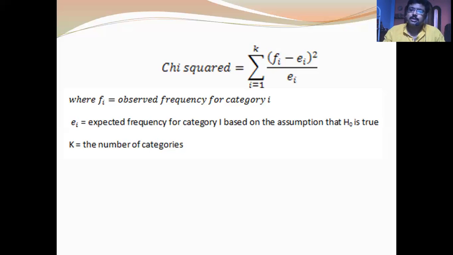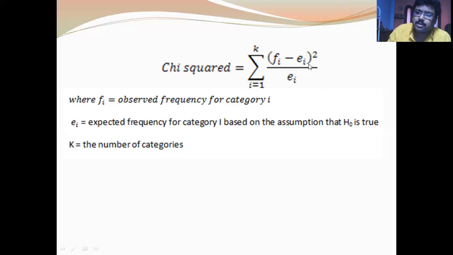So here the difference between the observed data, that is 98, 48 and 54, and the expected frequency, that is 100, 60 and 40, whether the difference in the categories is considered significant can be tested by this chi-square formula.